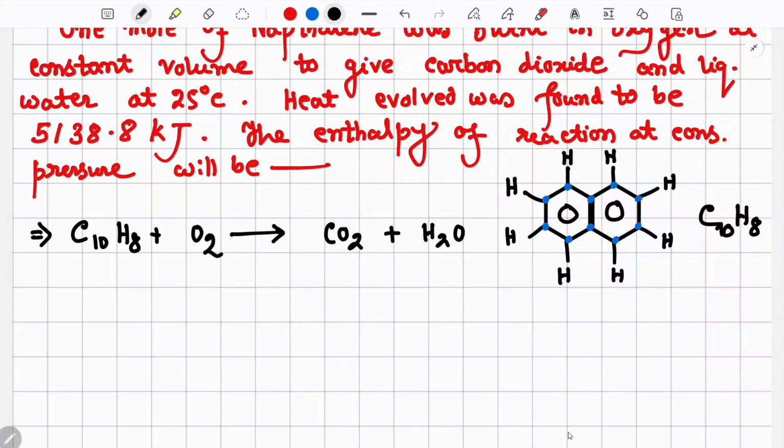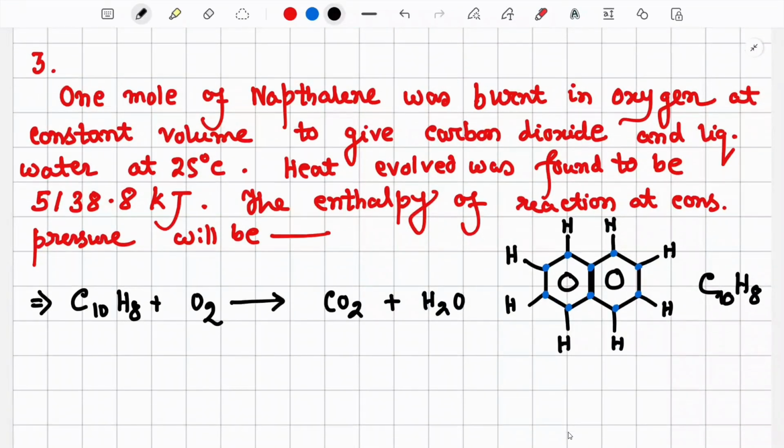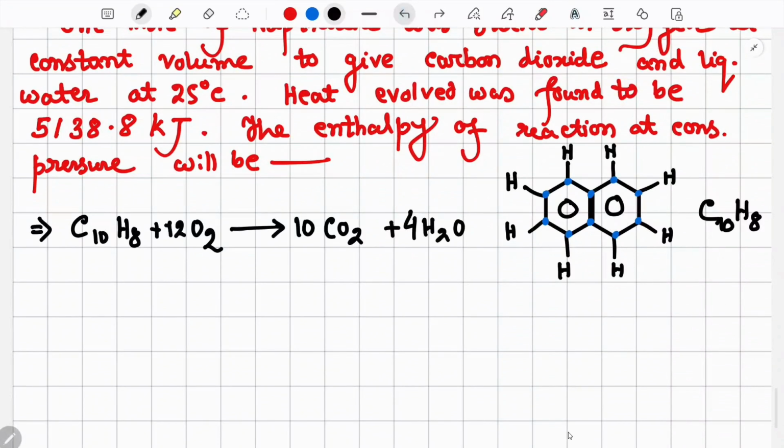So just write CO2 plus H2O and then balance it. Here it is explicitly mentioned. It is not always mentioned in the question, but here it is explicitly mentioned that water and CO2 are formed. So just balance it.